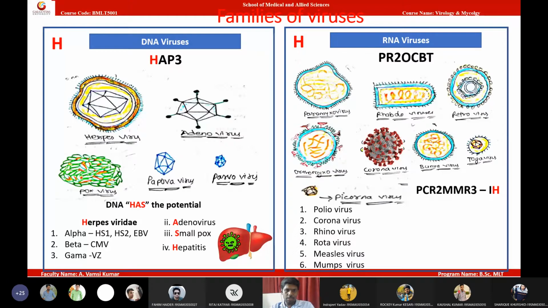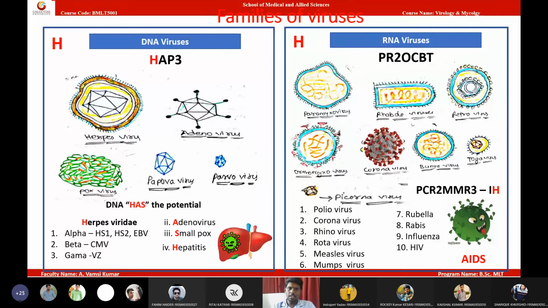P square means poliovirus, coronavirus, rhino, rota, measles, mumps, rubella, rabies, influenza, and HIV. These are RNA viruses, and HIV obviously causes AIDS in patients. So these are the viral species and their families: these are the DNA viruses and these are the RNA viruses.